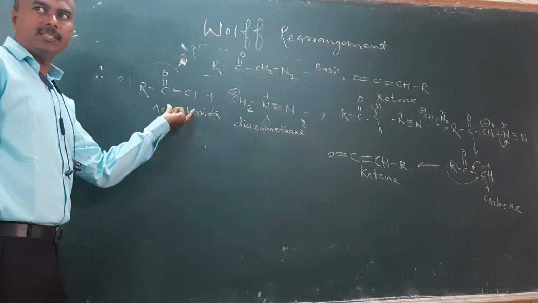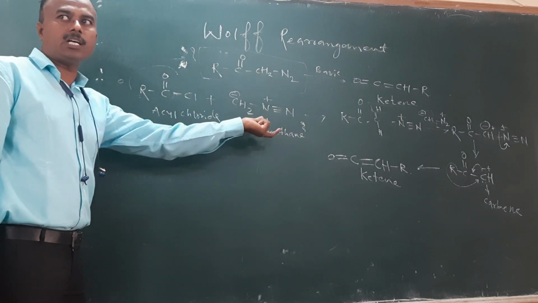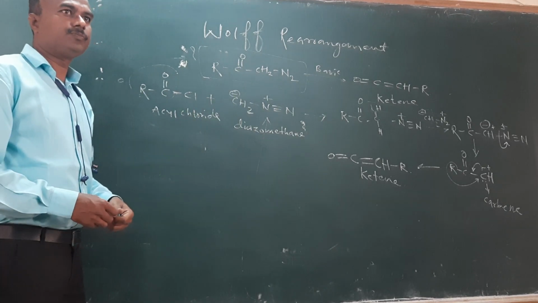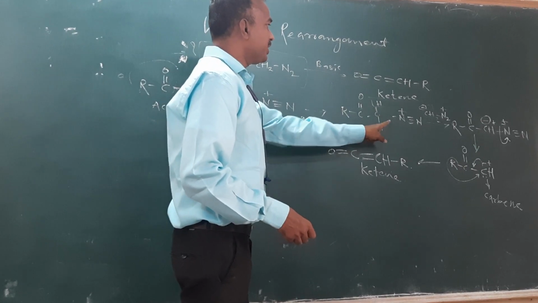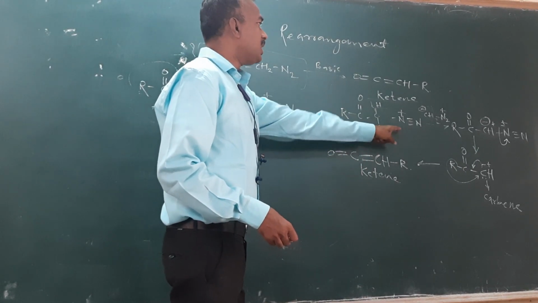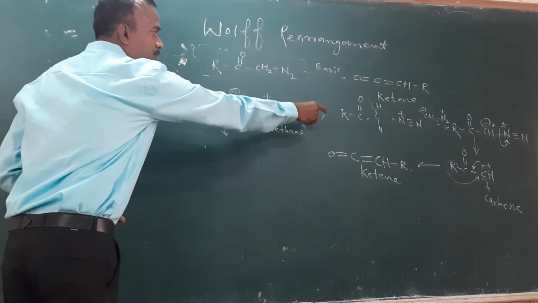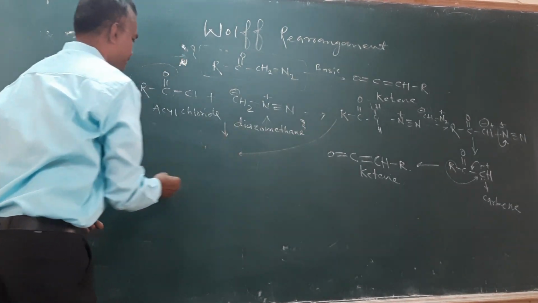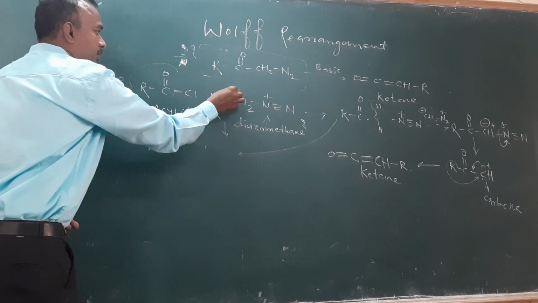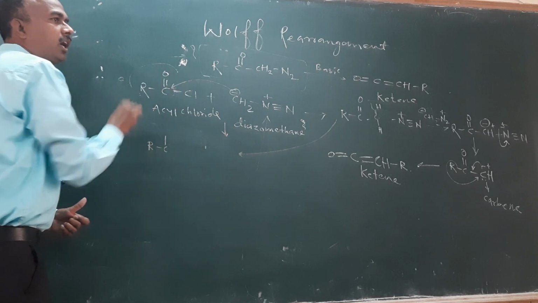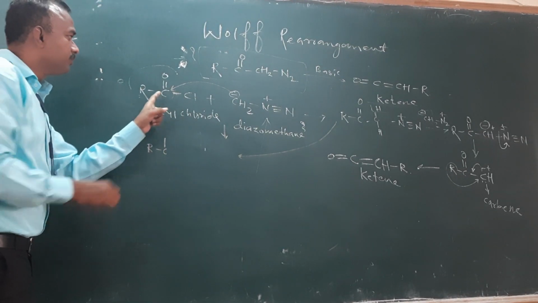This is acyl chloride, to which diazomethane is added. There is formation of alpha diazoketone. Now, how will this product get formed? This negative ion attacks the electron deficient carbon.